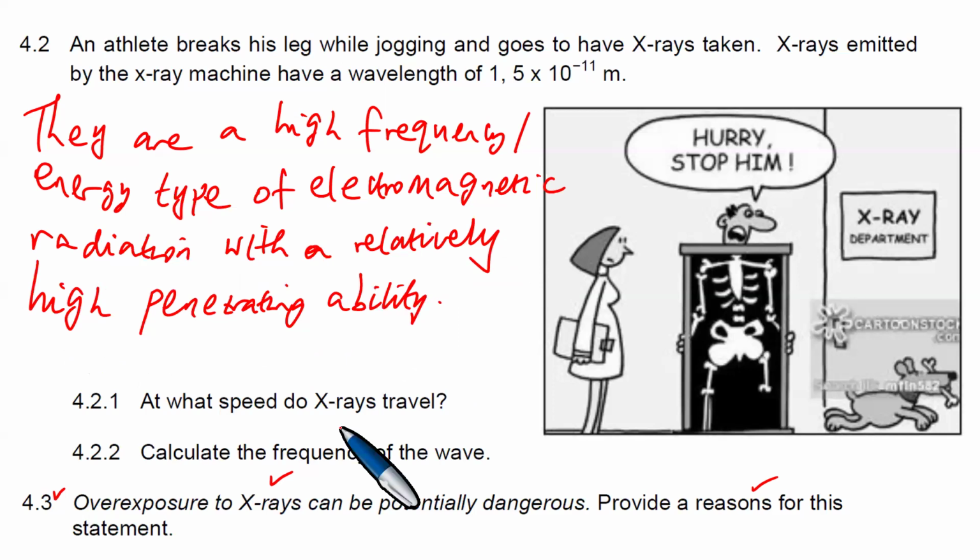Okay, so the high frequency or energy type of electromagnetic radiation with a relatively high penetrating ability.